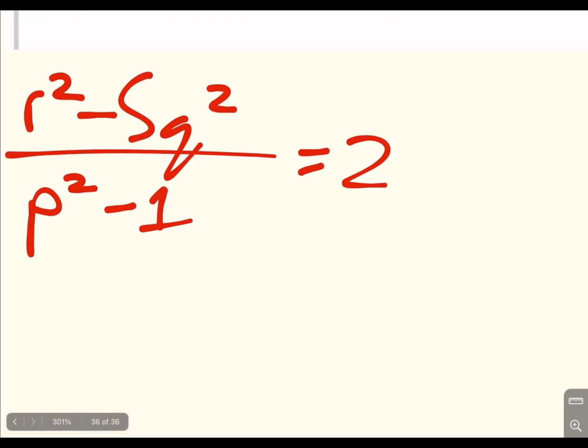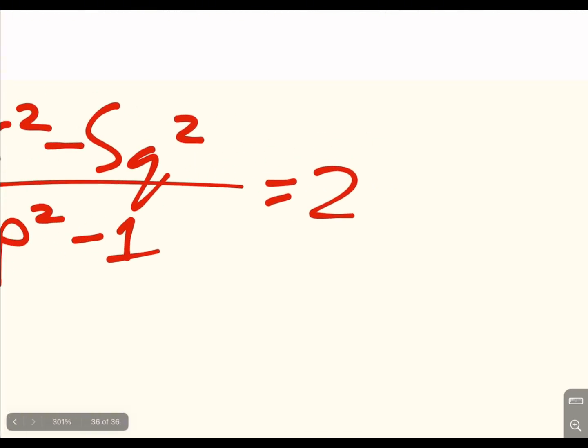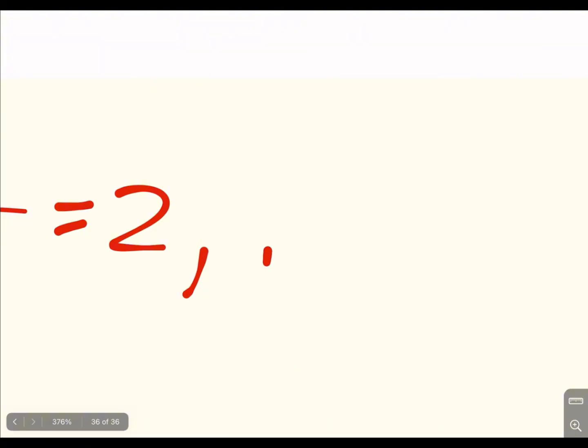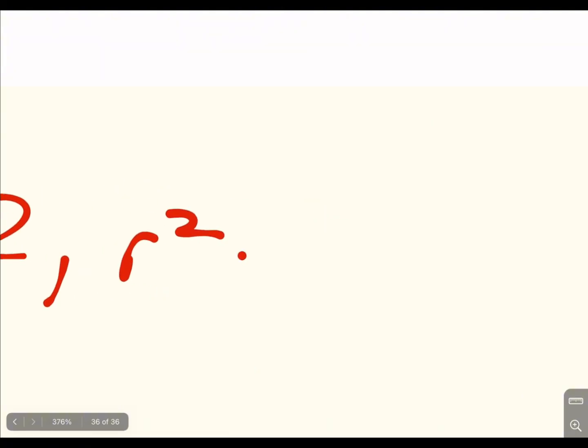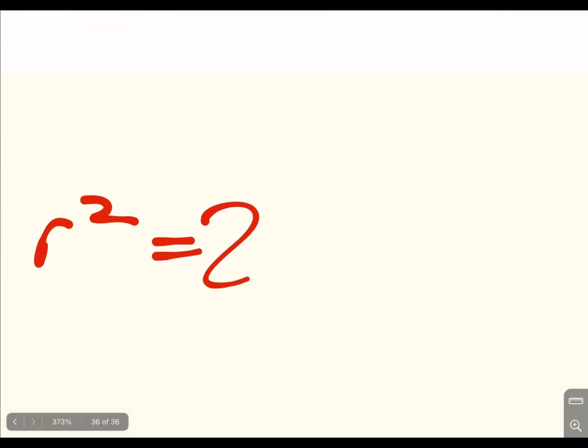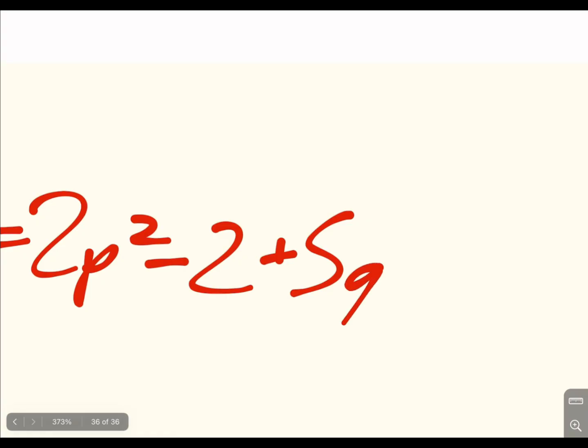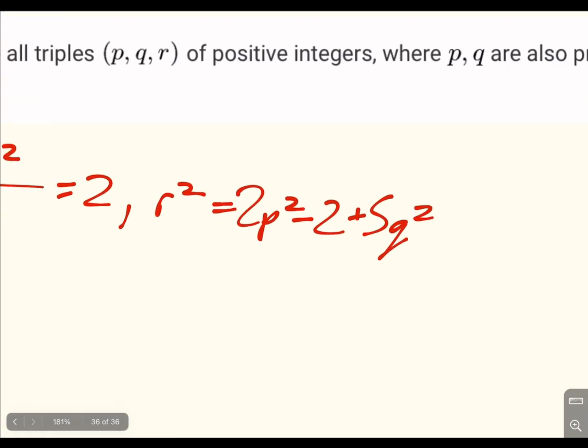So you move the p squared minus 1 to the other side, and you also move negative 5q squared to the other side. The result is r squared is equal to 2p squared minus 2 plus 5q squared.